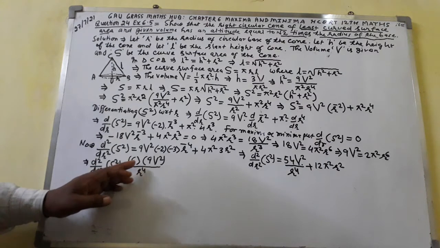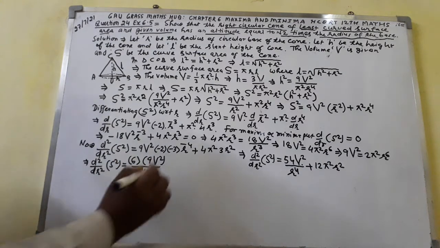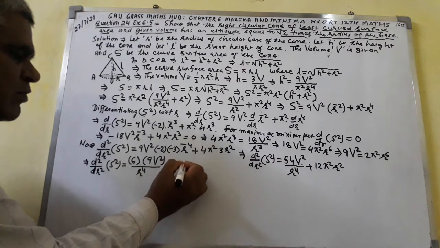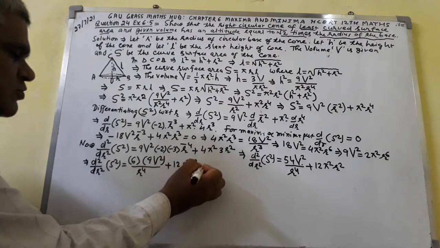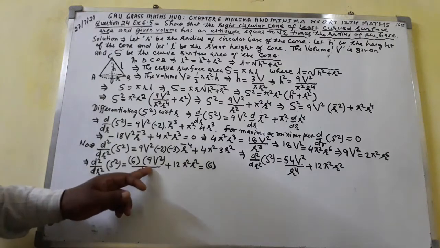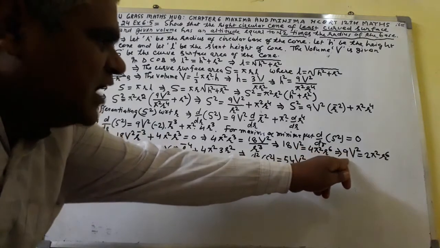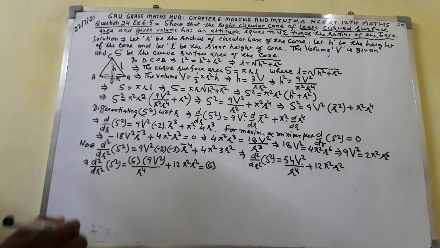9 6 are 54 v square over r raised to the power 4 plus 12 pi square r square equal to 6. I shall write a 9 v square. In place of 9 v square I shall write this value, 9 v square equal to 2 pi square r raised to the power 6.